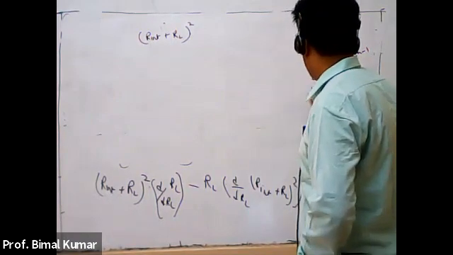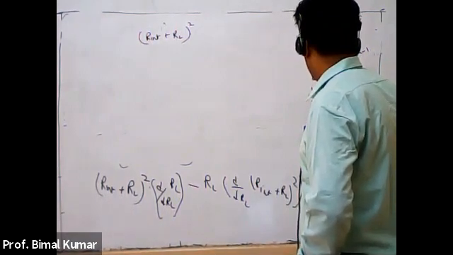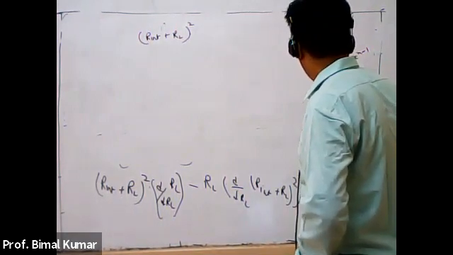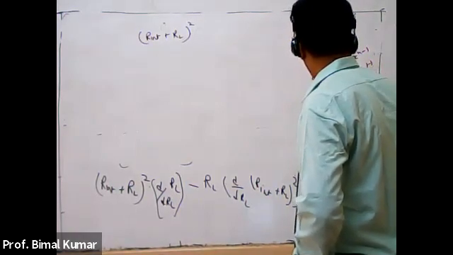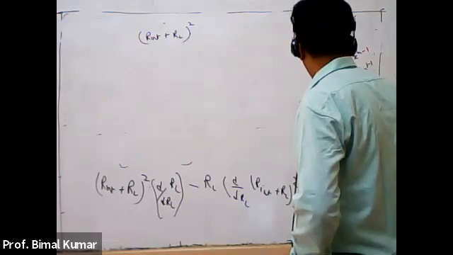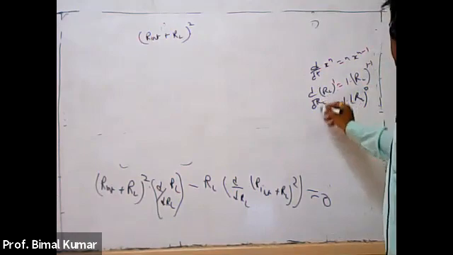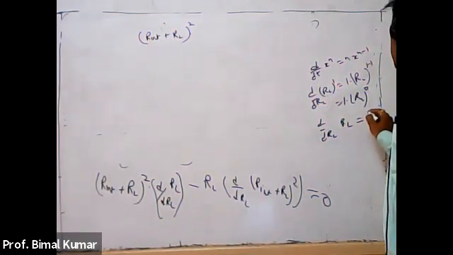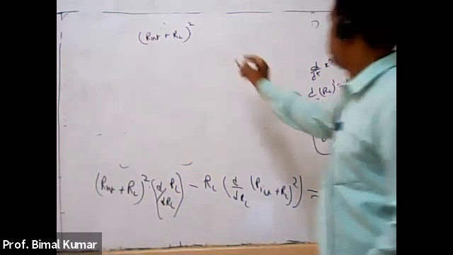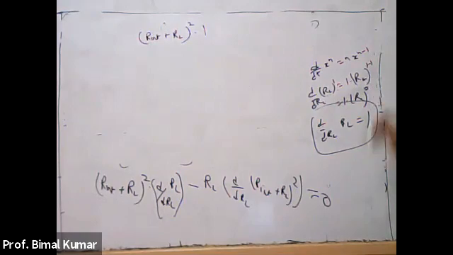So d by dRL of RL, that means RL raised to power 1, so 1 into RL raised to power 1 minus 1, that will be 1 into RL raised to power 0. Something raised to power 0 is always 1. So d by dRL of RL will be equal to 1. So this is into 1. You may solve this for your reference.